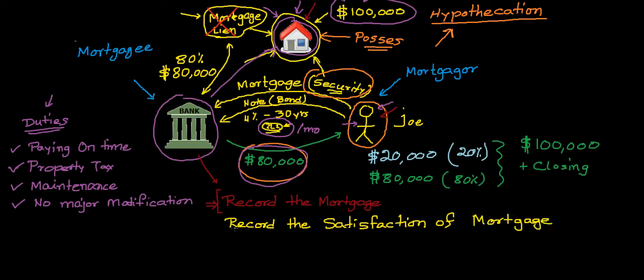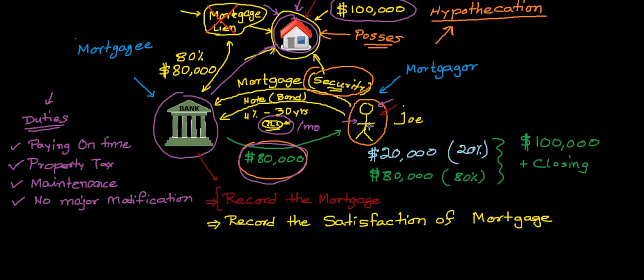Now that is very, very important, because once Joe has paid the entire amount that he borrowed, there is no lien against this property anymore. In that case, he can use the property to borrow a second mortgage or for any other things that he can use that property for.